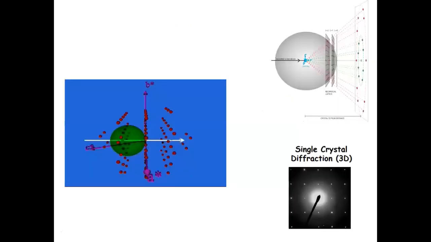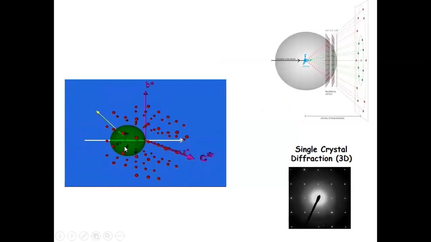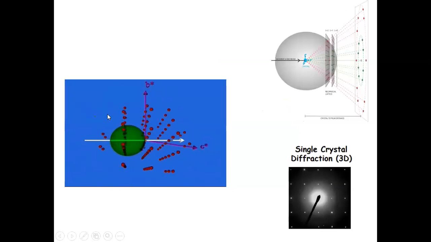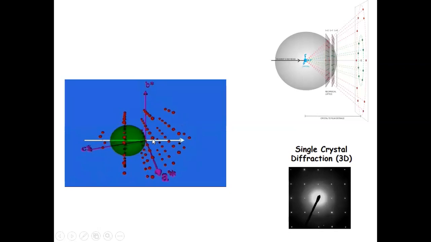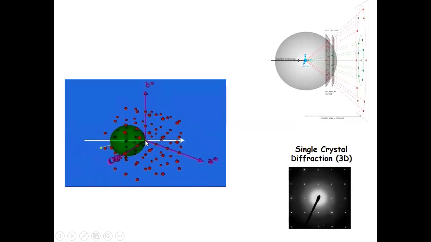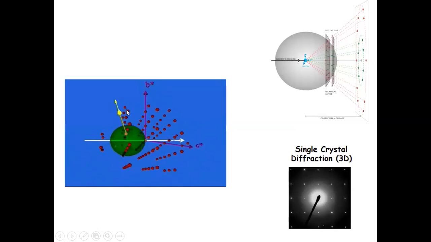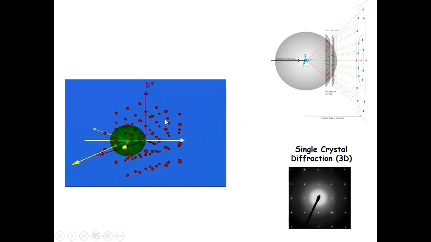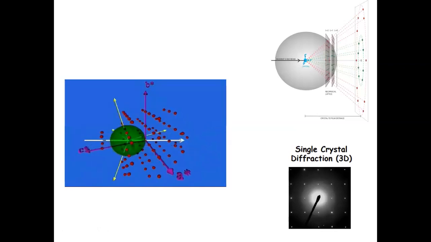Okay, let me just very briefly illustrate this here. So we have here our Ewald sphere. So let's say our crystal sits here and our X-ray goes here. Then this will be the origin of our reciprocal space. And you see these red points to be lattice points in the reciprocal space that represent crystal planes in the real space.